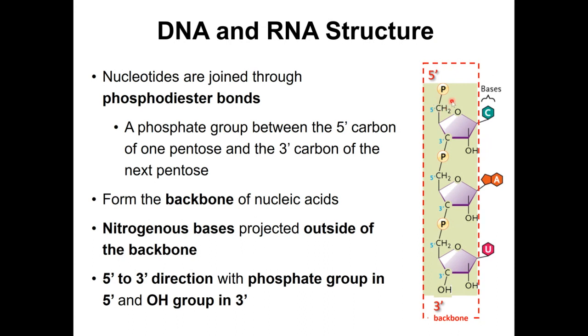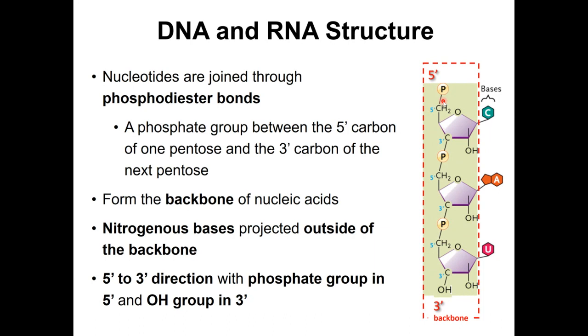If you look at this strand, the last carbon you find here is a carbon 5, so this is referred to as the 5' end of the strand. Whereas at the end of this strand, the last carbon you find in the backbone is carbon 3'. Hence, this is called the 3' end of this strand. And then the direction here is 5' to 3', or 3' to 5'.